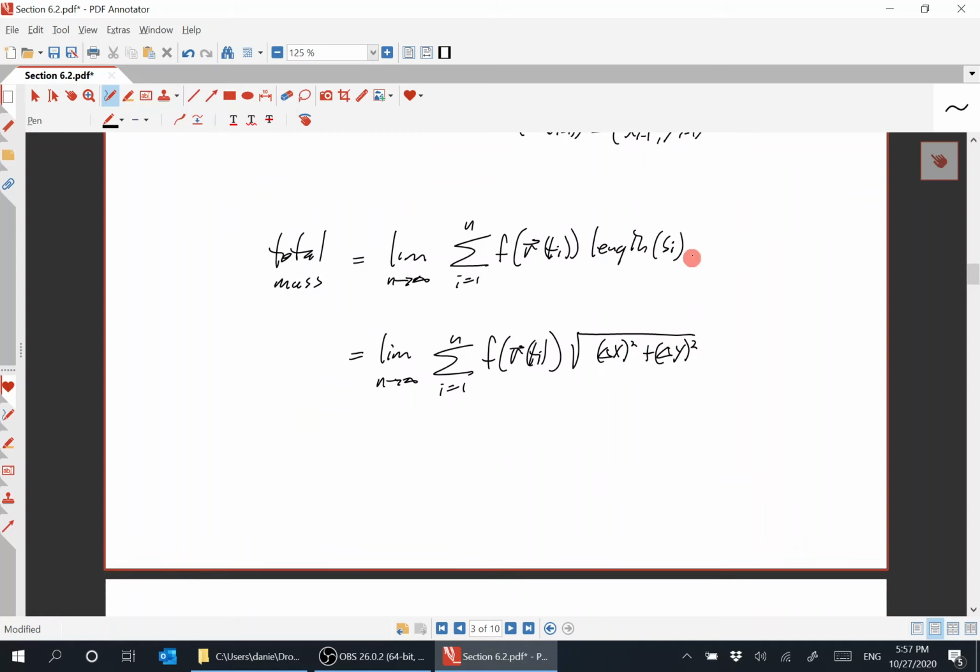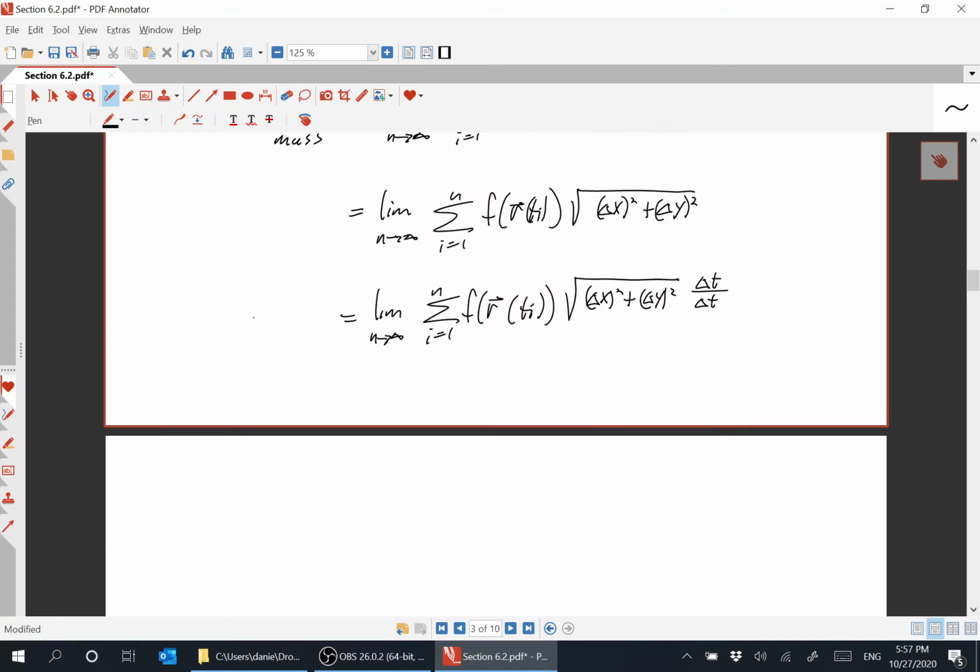So now I'm going to put in that delta t there, and I'm just going to write delta t over delta t, because that's just equal to 1. I was multiplying that whole thing by 1, so it doesn't change anything.